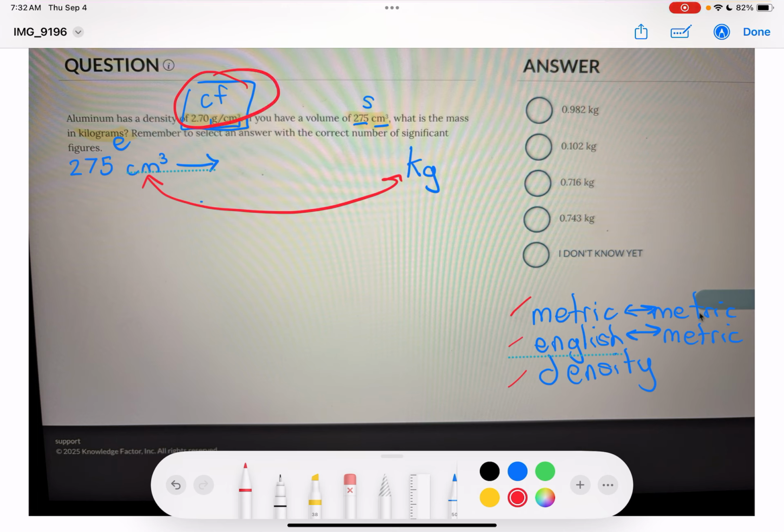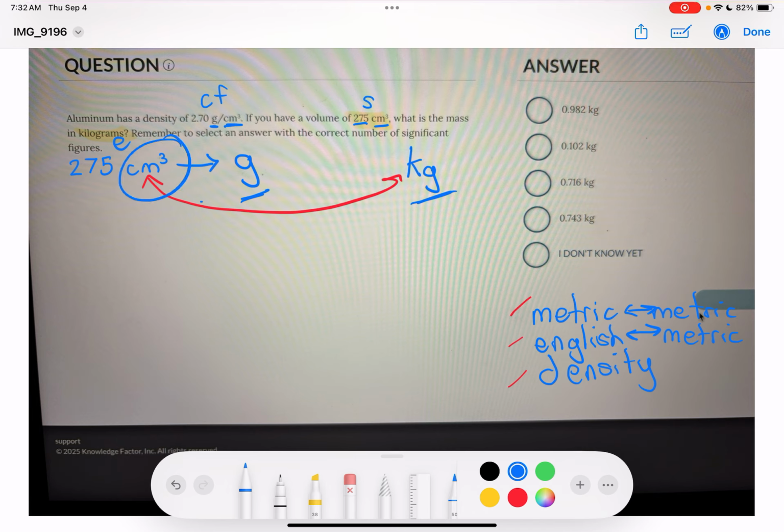So the only thing that I can convert centimeters cubed to is grams, because that's the only conversion factor that I have that lets me get out of centimeters cubed. The other hint is that it's pretty easy to go from grams to kilograms because that's just a metric conversion. But really what's telling you that is that this conversion factor has the units grams and centimeters cubed.